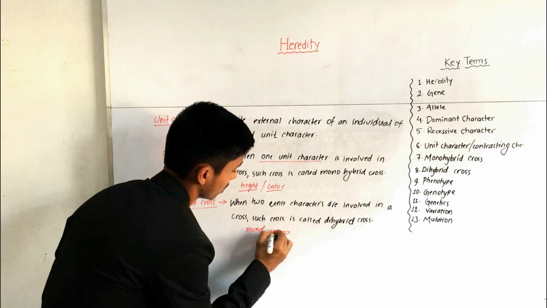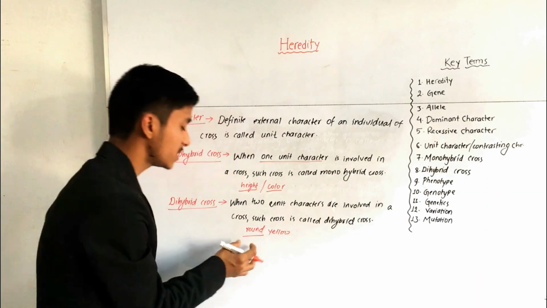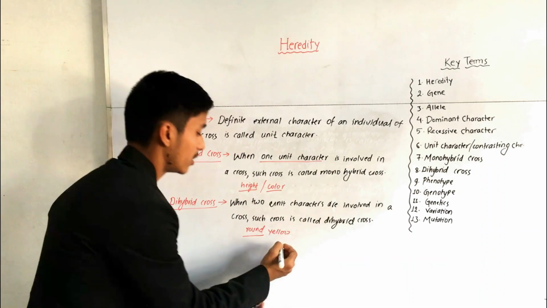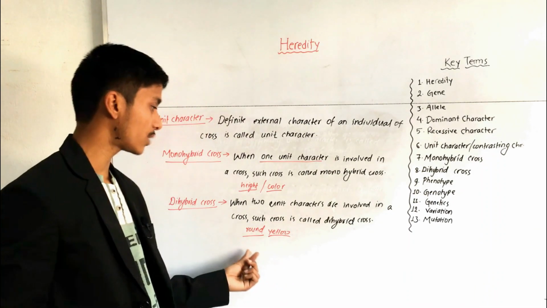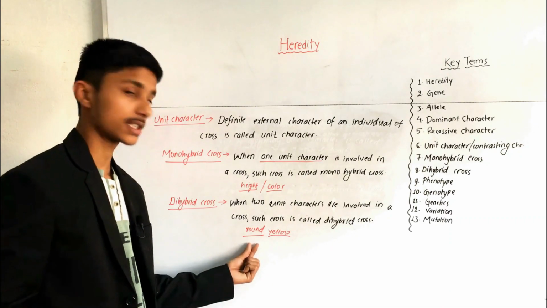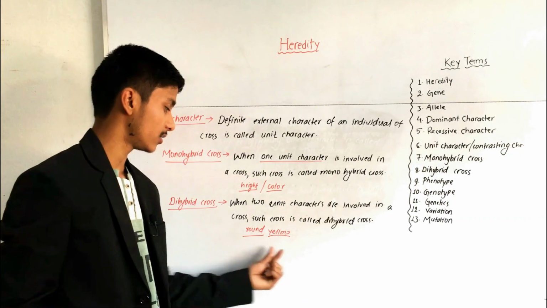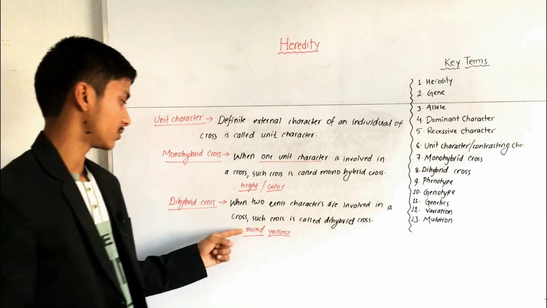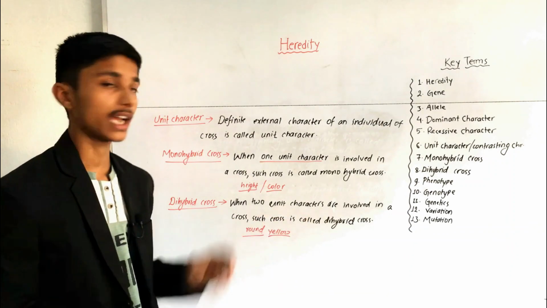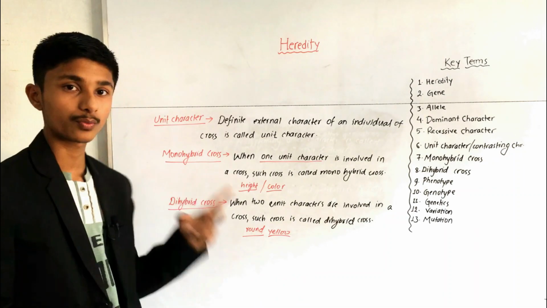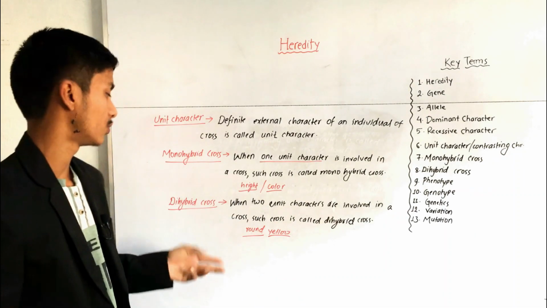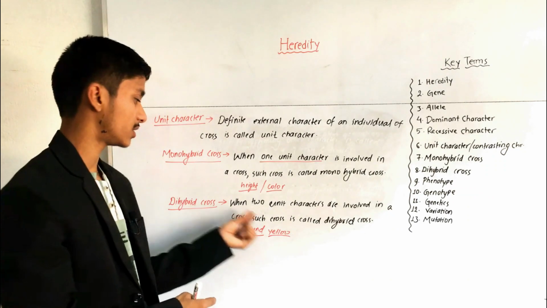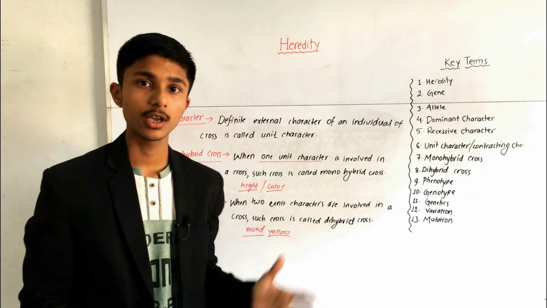Round indicates shape and yellow indicates color. Here there are two unit characters, one is shape and another is color. These two unit characters are taken in a cross, so such a cross is known as a dihybrid cross. Di means two. Therefore this type of cross is known as a dihybrid cross.